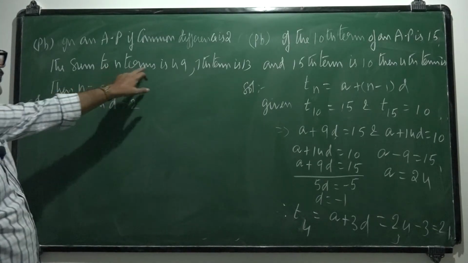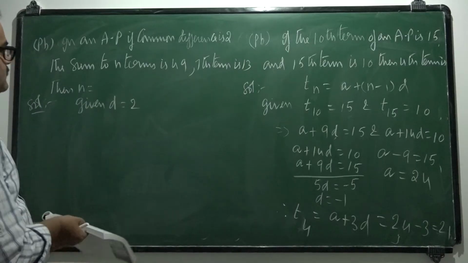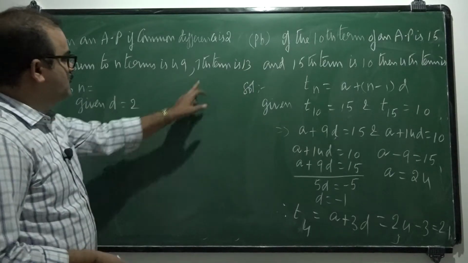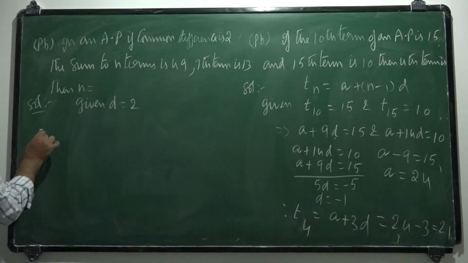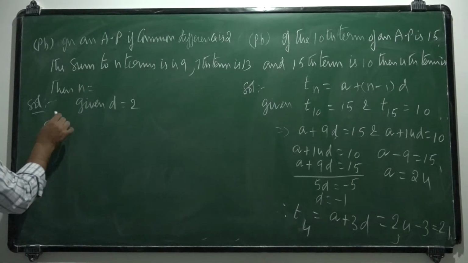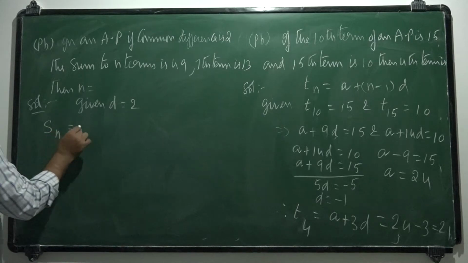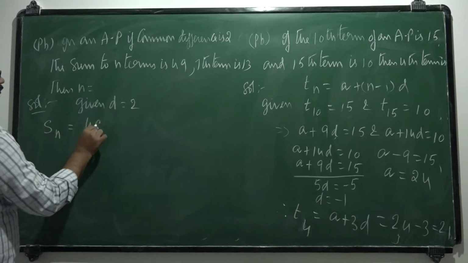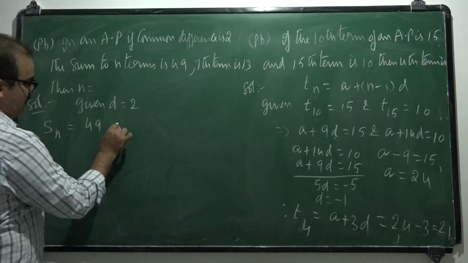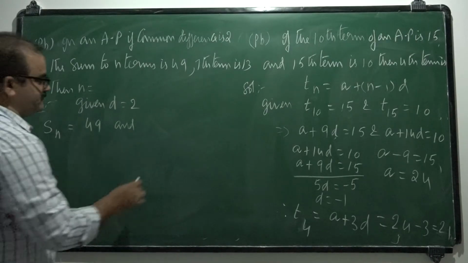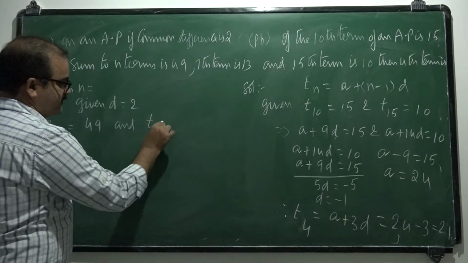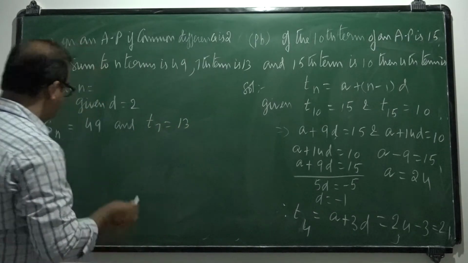Sum to n terms is 49 and seventh term is 13. Sum to n terms means Sn, the sum of the n terms is 49, and T7 is equal to 13.